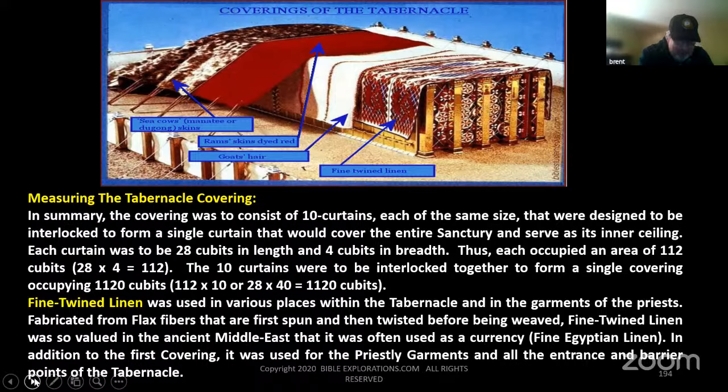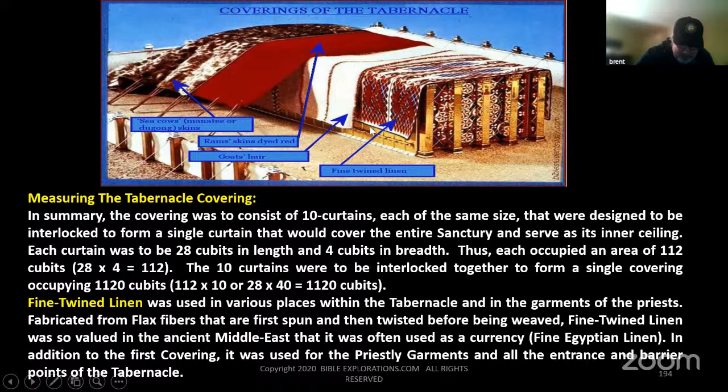And the way it's designed, we look at, and this isn't really a good picture of what the curtain looked like, but it's the best I could find. This is the inner one right here, and it hangs right down to the sockets that hold it up. When you get that 28 by 4, that covers the entire span from the silver sockets all the way over the boards, the top, and down the other side.